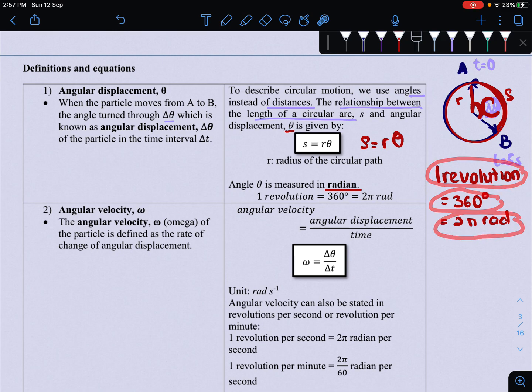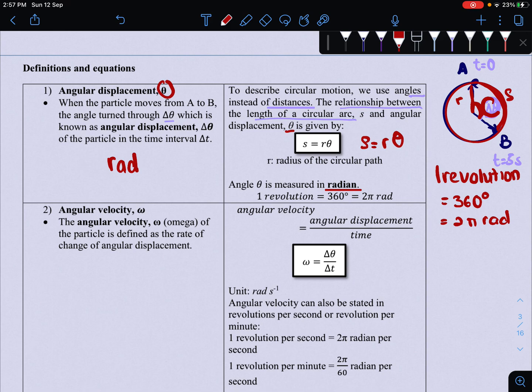So for angular displacement, you can have the angular displacement being described as a revolution, or theta, or radian. However, the SI unit that we use for angular displacement is radian. Okay, the unit that we use for angular displacement is radian.